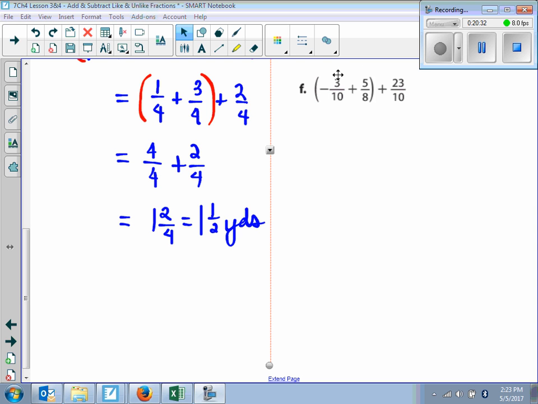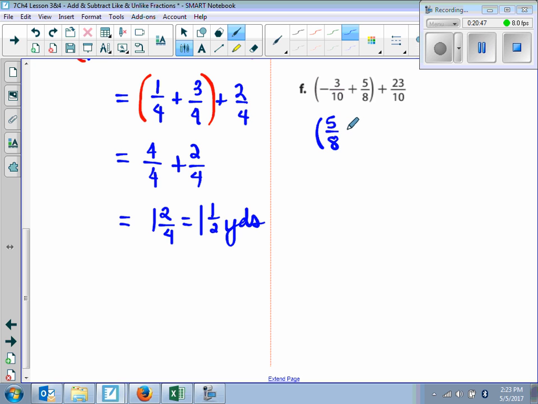What I'm going to do is flip these two using the commutative property. So we will end up with 5 eighths plus a negative 3 tenths. And then I close this parentheses here, and then plus the 23 tenths.